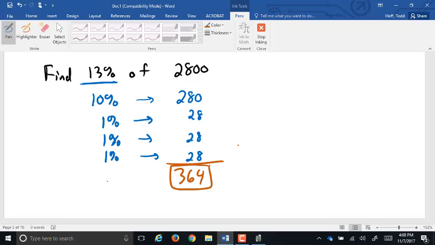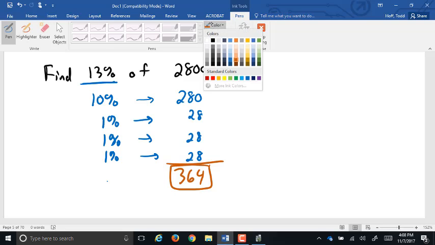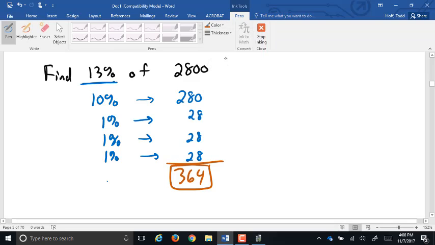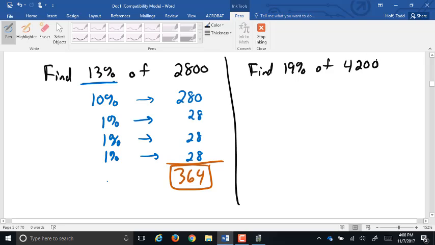Notice I didn't do any fancy calculations. I'm just doing simple, quick estimates using those benchmarks. I might ask you to find 19% of 4,200.